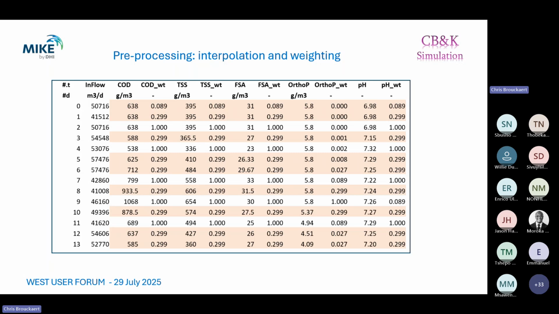And so West cannot see into the future. So we have to do a bit of pre-processing of the data, which includes the interpolated values, which are colored, and the weightings, which are then calculated according to how far the interpolation is from the closest measurement. So is it shortly after a measurement, or is it shortly before a measurement?